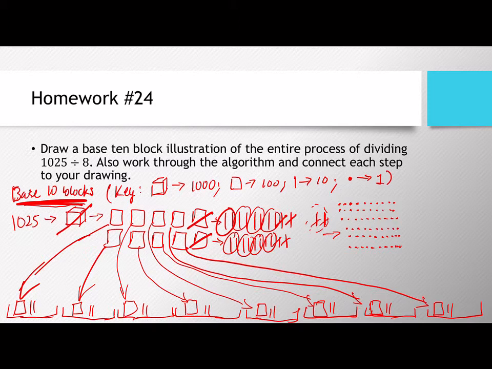So 60 divided by 8, well, let's think about missing factors. 6 times 8 is 48, 8 times 7 is 56. So 56 is going to be the amount of little dots I'm going to use with 7 in each group.